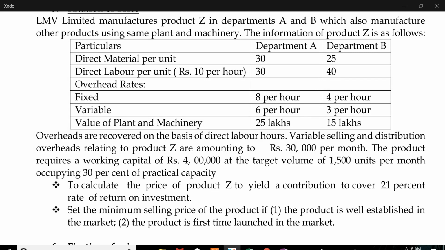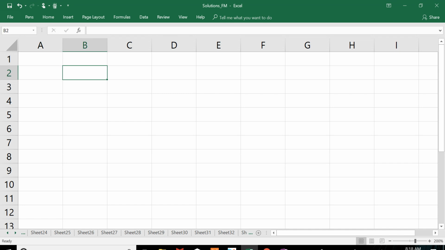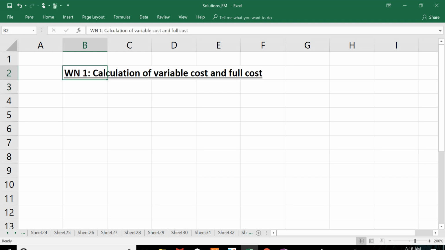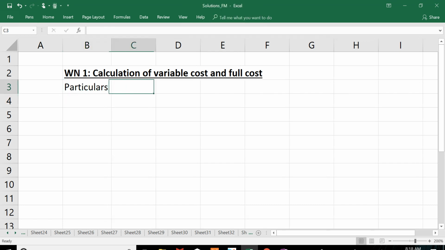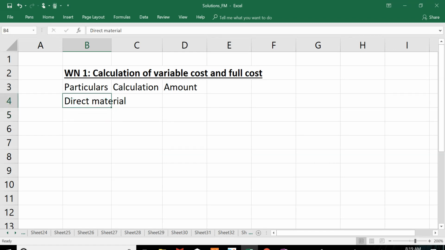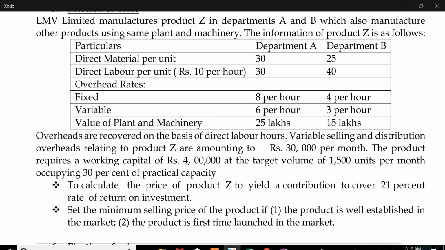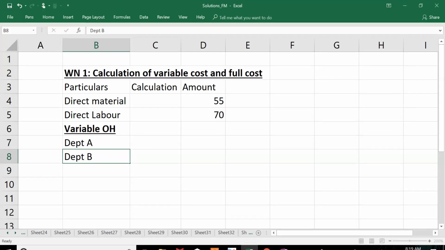Minimum selling price when well established is variable cost and full cost. Let me know in case there are doubts here.